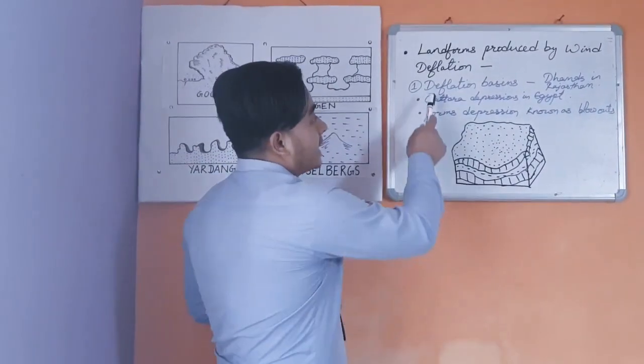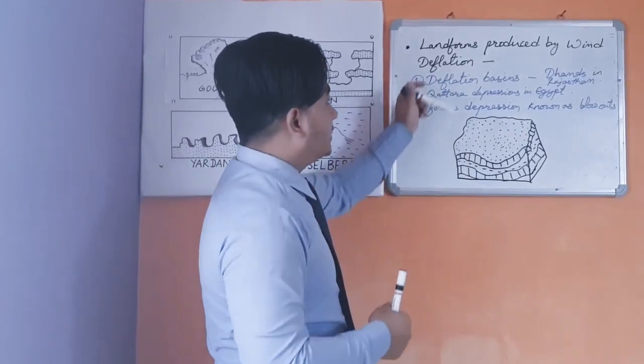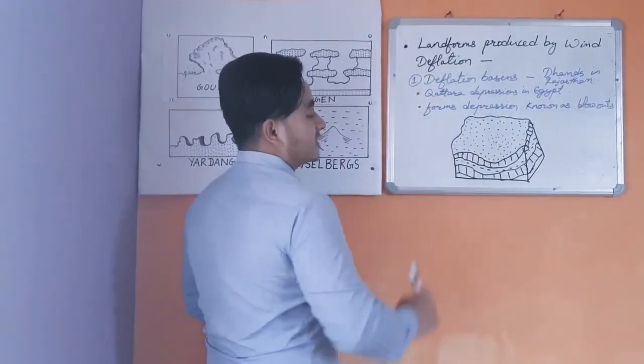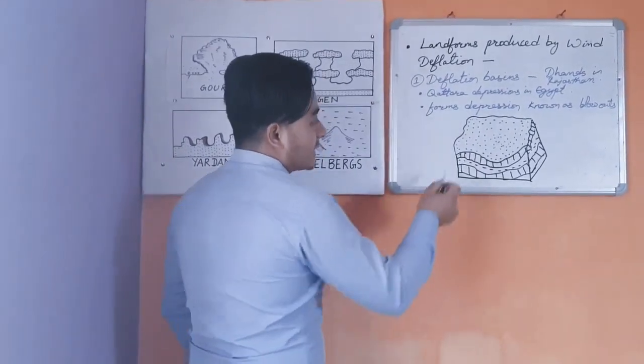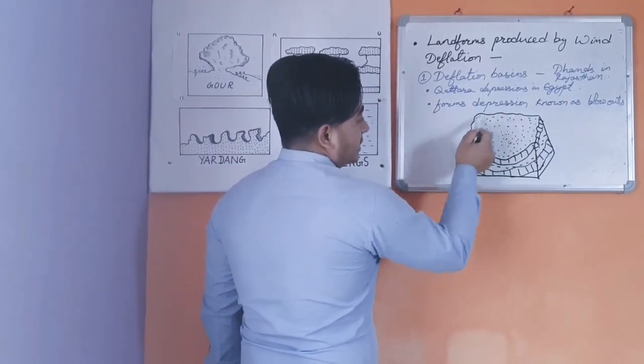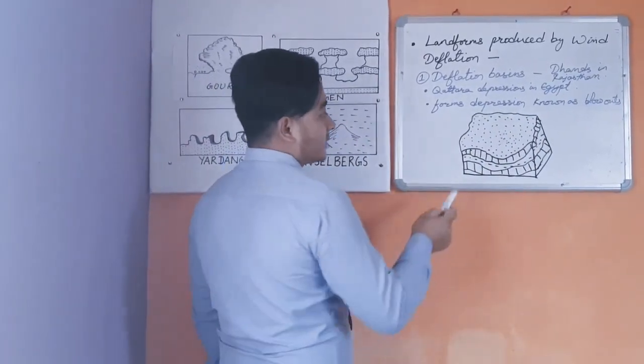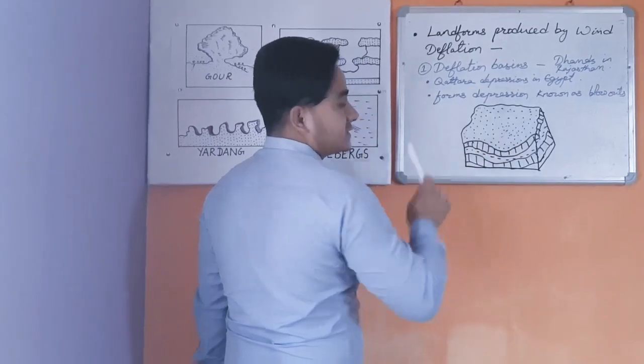So now let me explain deflation basins with the help of a diagram. For example, if this is the desert area, desert areas are filled with sand.